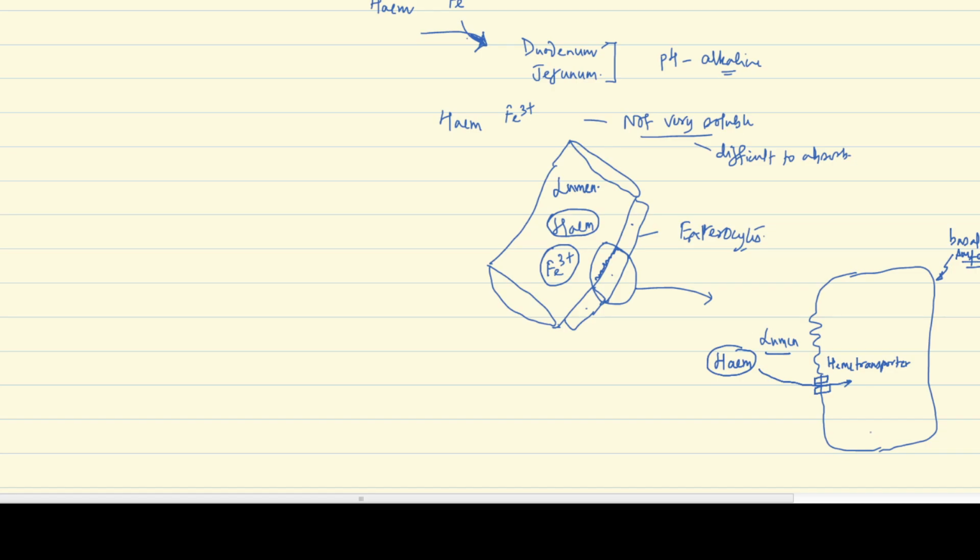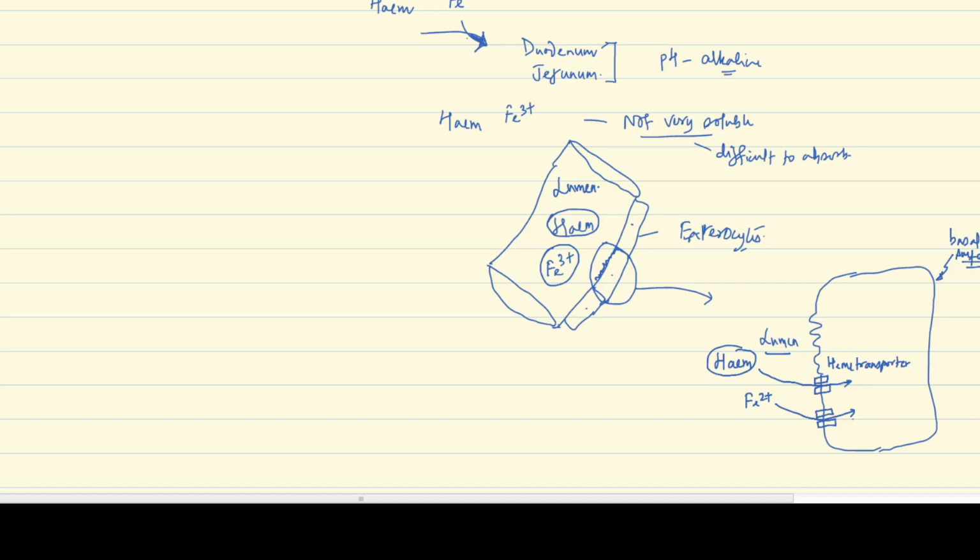There is also a site where a ferrous ion can enter. This is for a divalent ion, so the ferrous ion can enter through this transporter, and it's a divalent one.